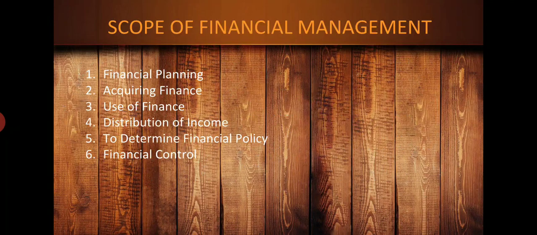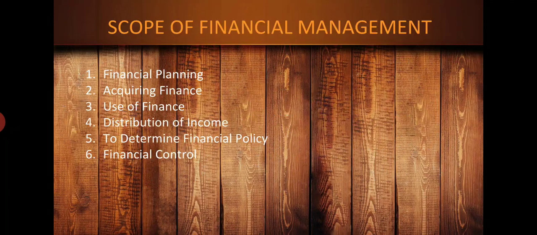How much to reinvest and how much to distribute is to be decided by the financial manager according to the requirement of the organization, the market situation, and the strategy of your competitors.